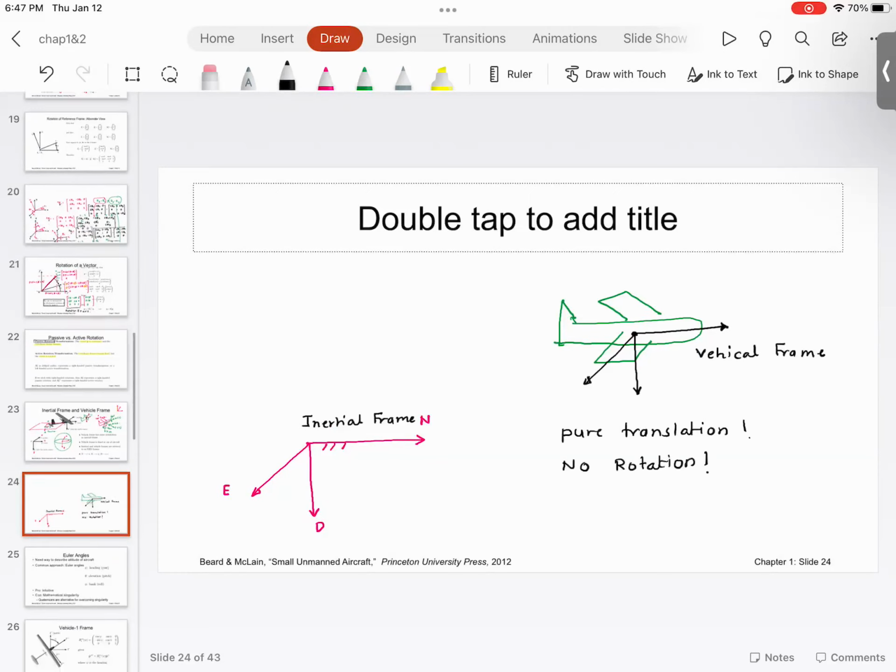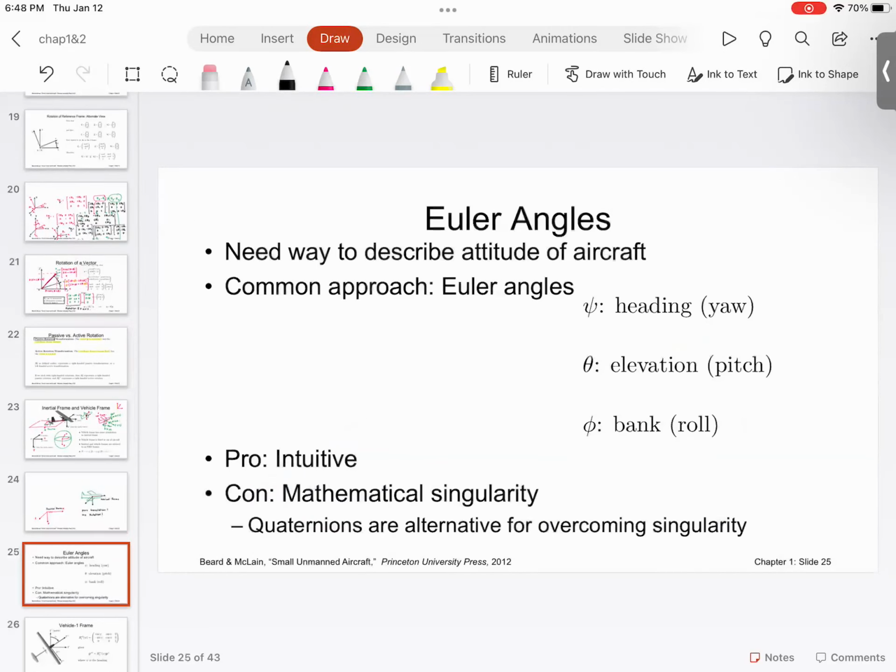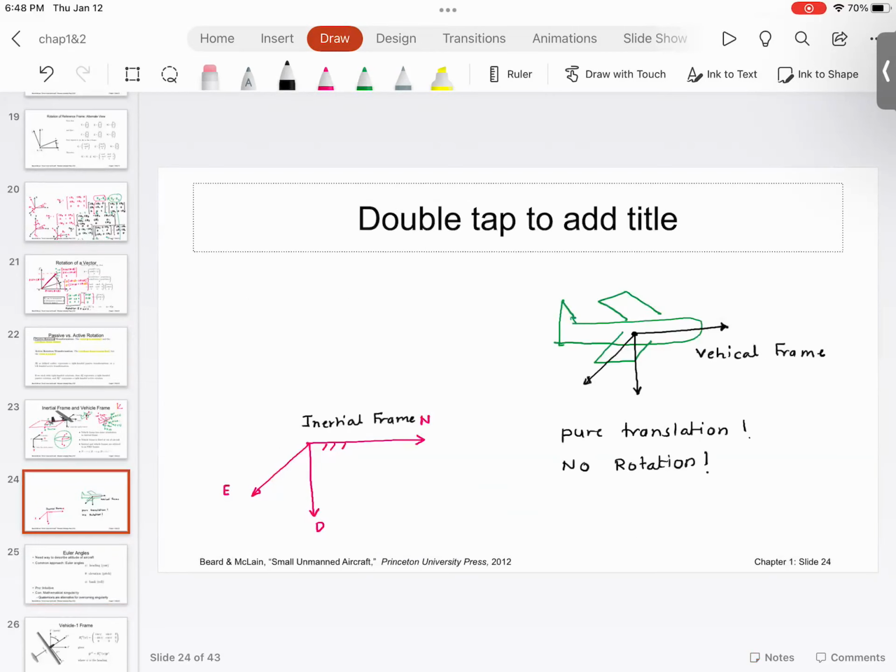Now I'm going to represent the attitude of the aircraft. Clearly the aircraft cannot be like this. The aircraft frame can never be aligned with the inertial frame. The aircraft is going to pitch, roll, and yaw. So I'm going to resolve independent rotations.